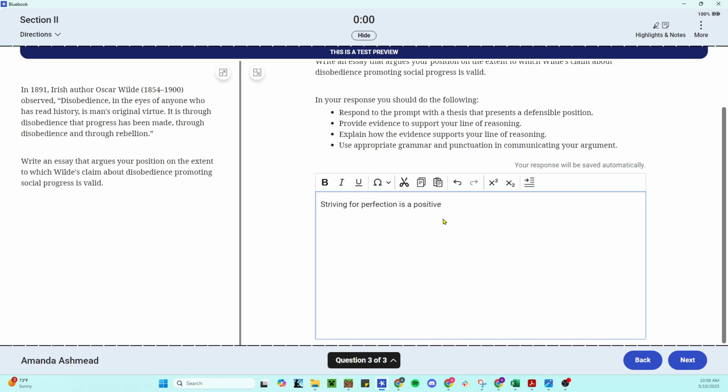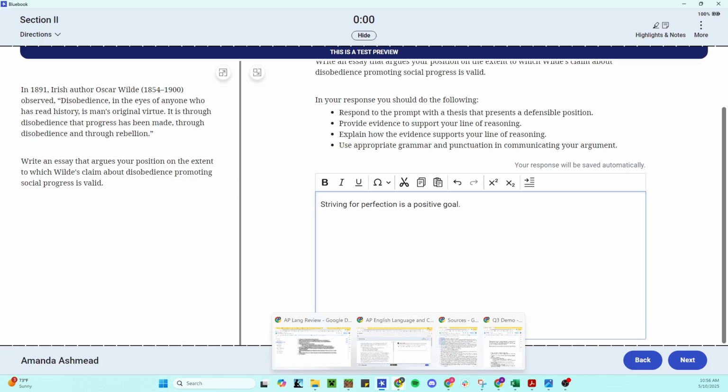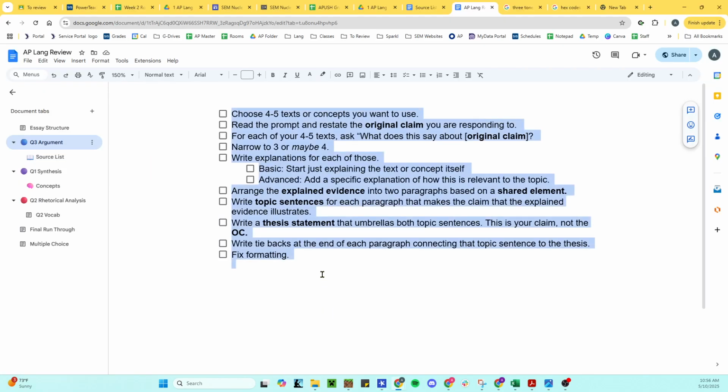Like it's a thing people should do. So I'm just saying it really straightforward, and that's not necessarily my claim, but that's the claim I'm supposed to defend or rebut. Okay, so I've done that. Now, where's my, I have too many tabs. Okay, so that's not the tabs I want.